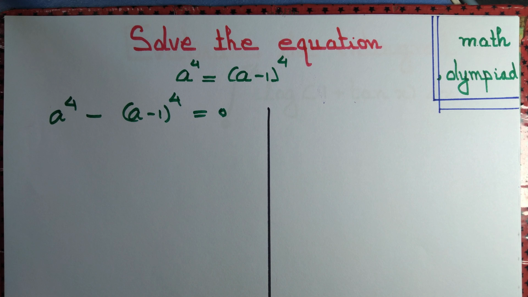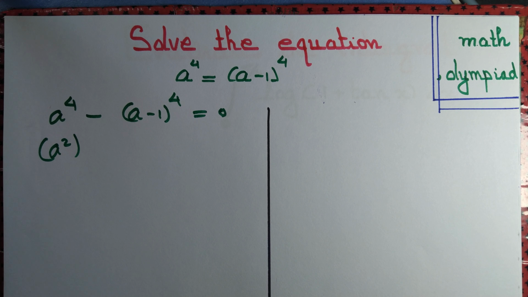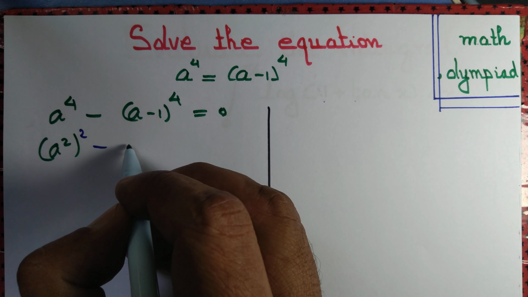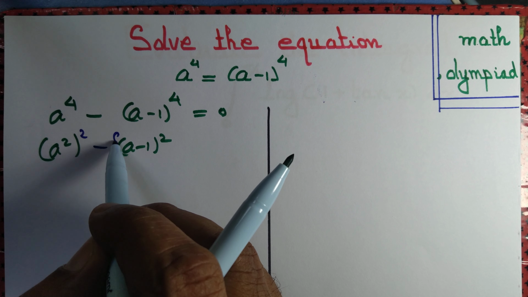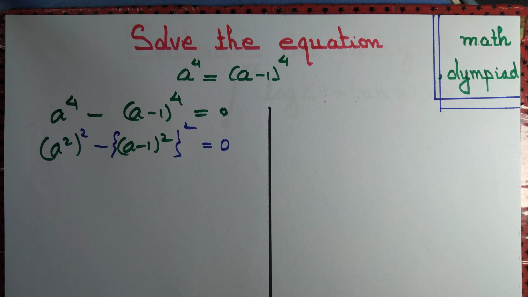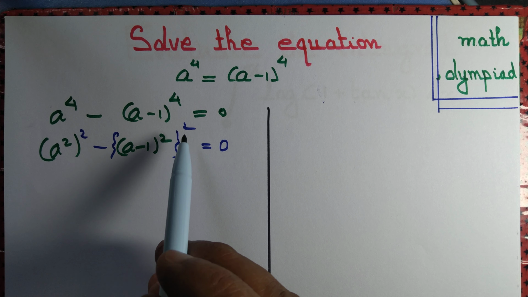to 0. This can be written as (a square) whole square minus ((a minus 1) square) whole square equal to 0 as it is. This is an expression of the type a square minus b square.